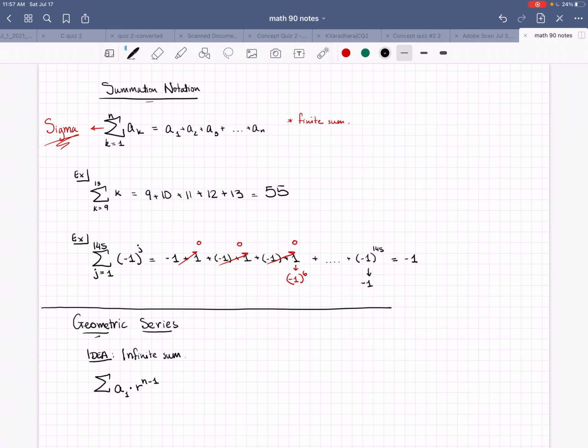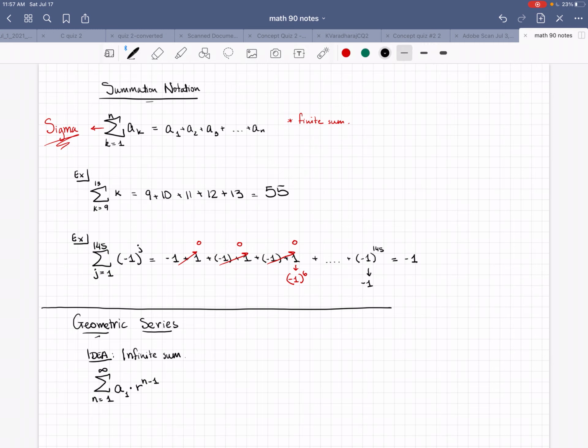So what we'll do here is we can index along n, and we'll actually go ahead and index from 1.